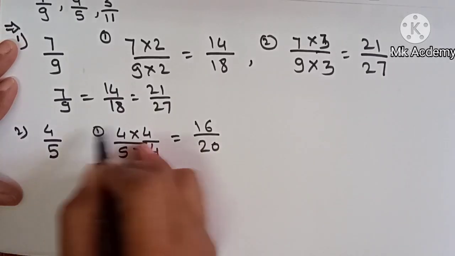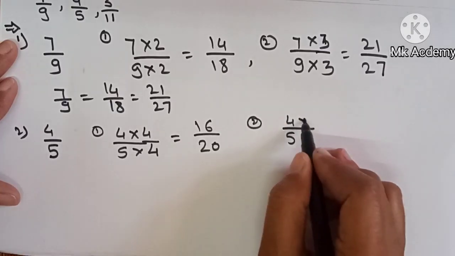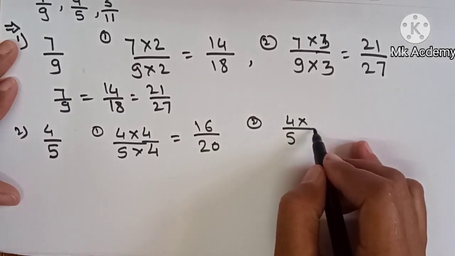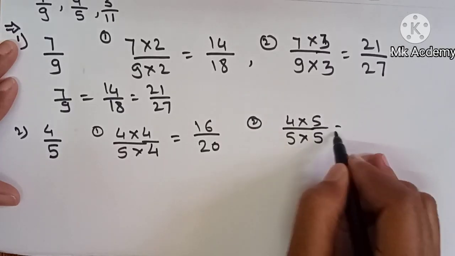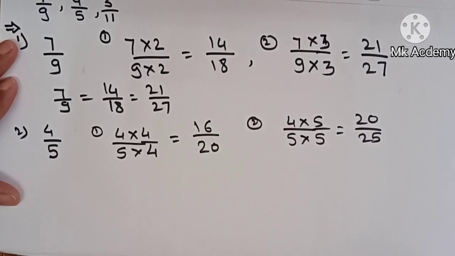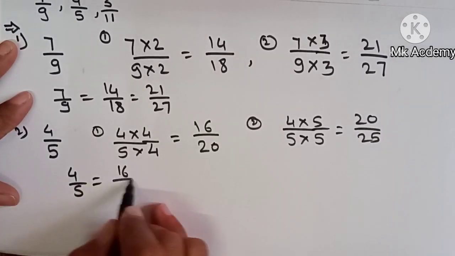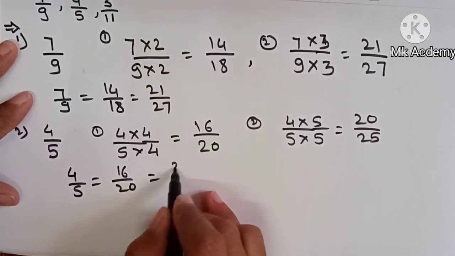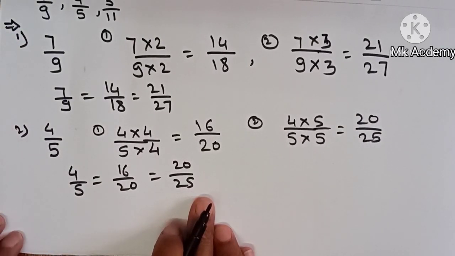And for the second equivalent fraction, 4/5 multiplied by 5. 5 4s are 20. 5 5s are 25. This means the equivalent fractions of 4/5 are 16/20 and 20/25. We found these two equivalent fractions.